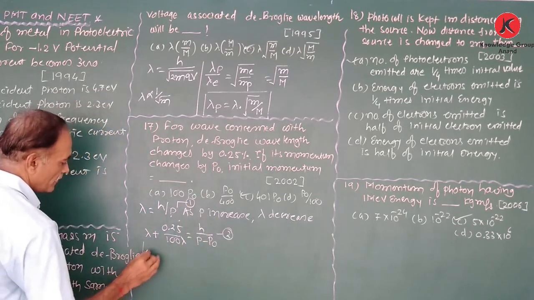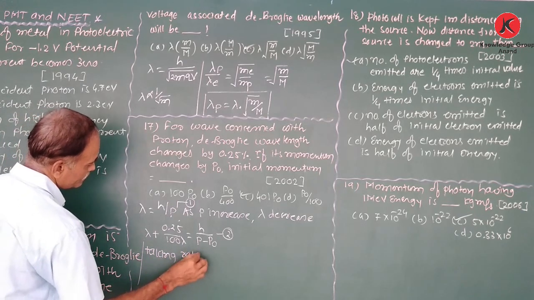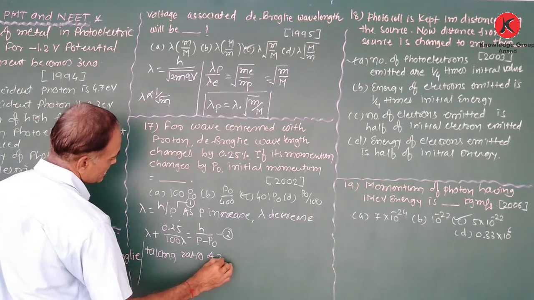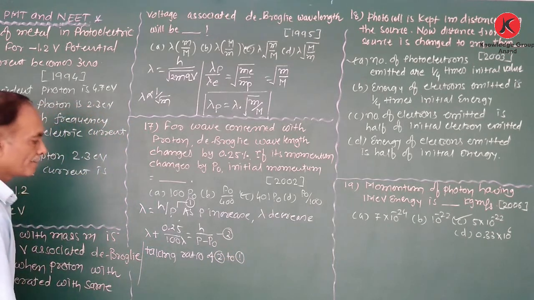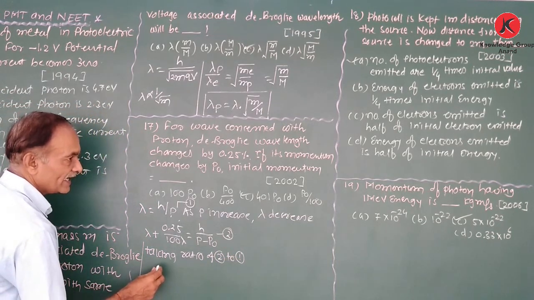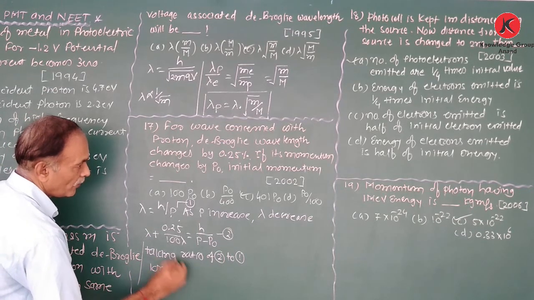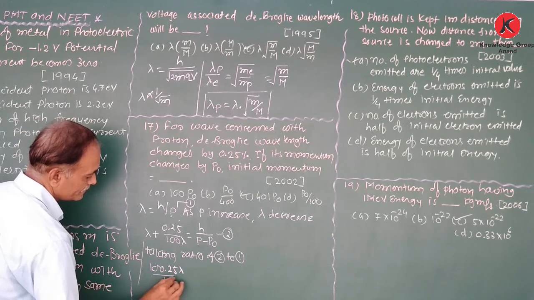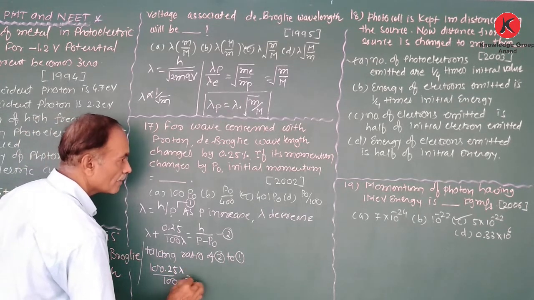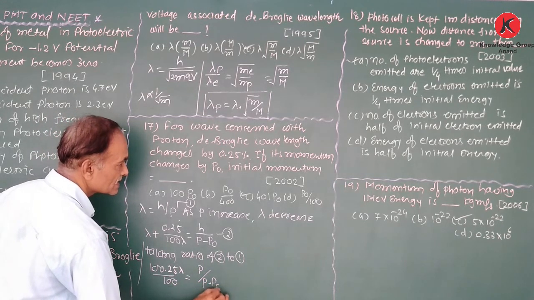Taking the ratio of equation 2 to 1, we can write 100.25 lambda upon 100 is equal to P upon (P minus P0).